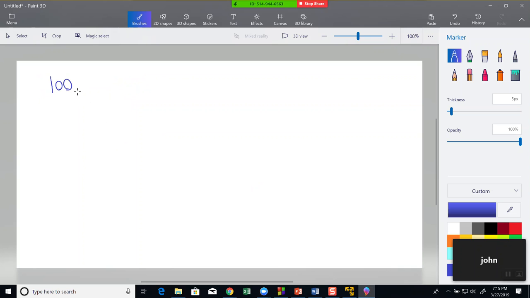Okay, so we've got 100 in base 10. And if I do my blanks again, this is always 8 to the 0, which is 1. This is 8 to the first, which is 8. This is 8 squared, which is 64. So I'm looking for the first number that's less than or equal to this, which would be the 64.